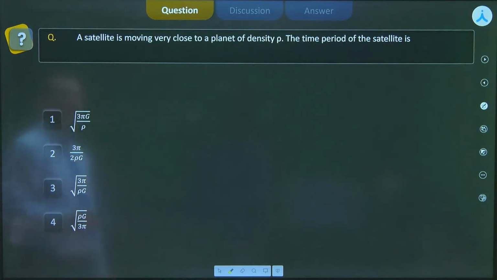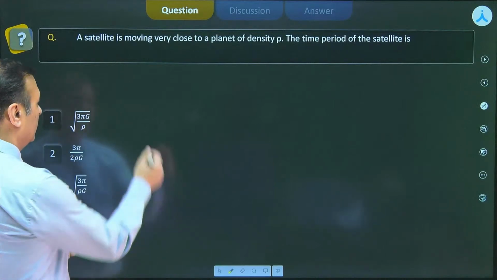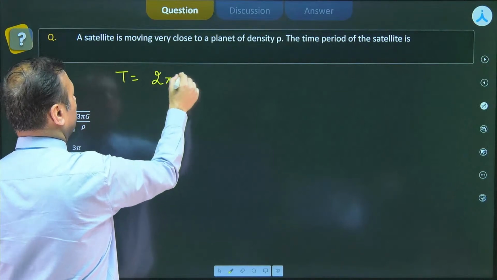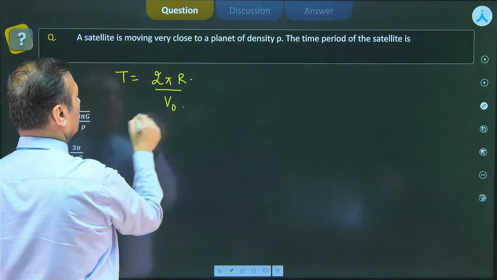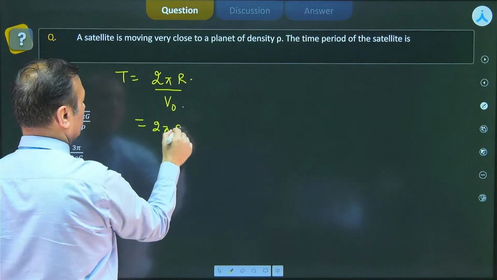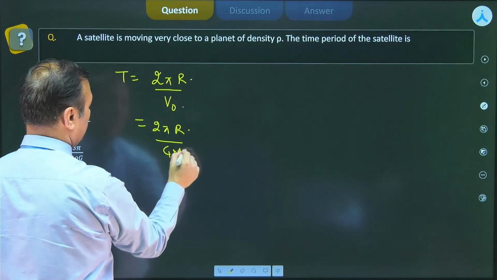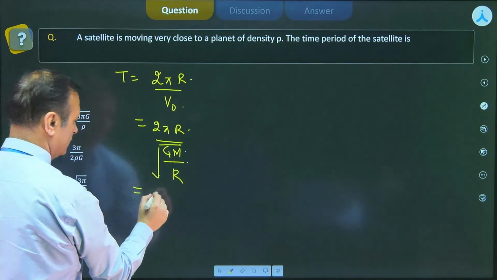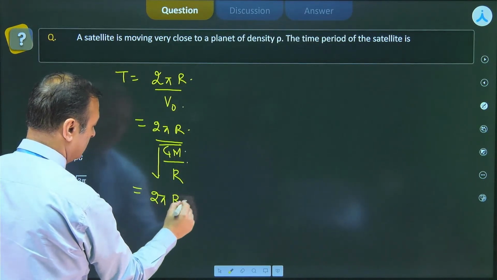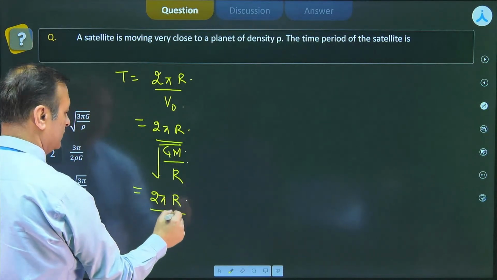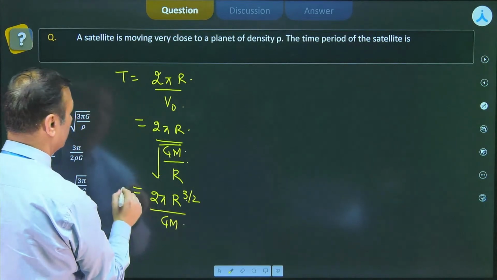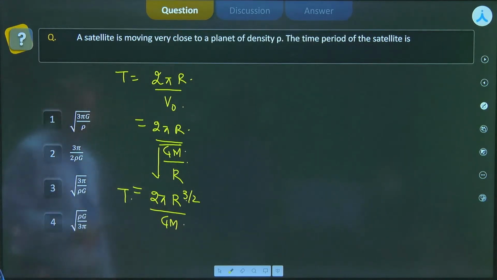A satellite is moving very close to a planet of density rho. The time period of the satellite, I think you people can make it out. Time period of the satellite is 2 pi r by v orbital, and v orbital is root of GM by r. So this is 2 pi r, and this is r power 3 by 2 by root GM. Got it or not?